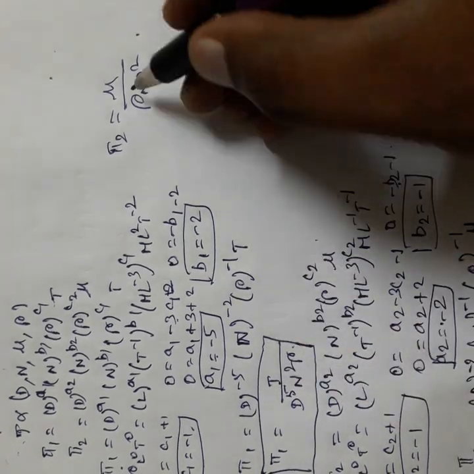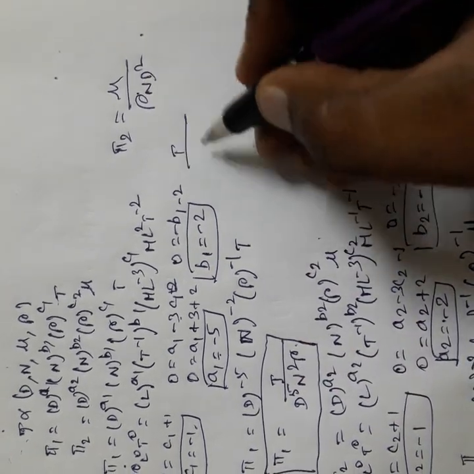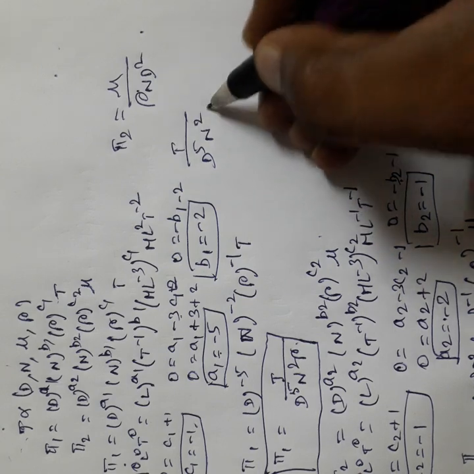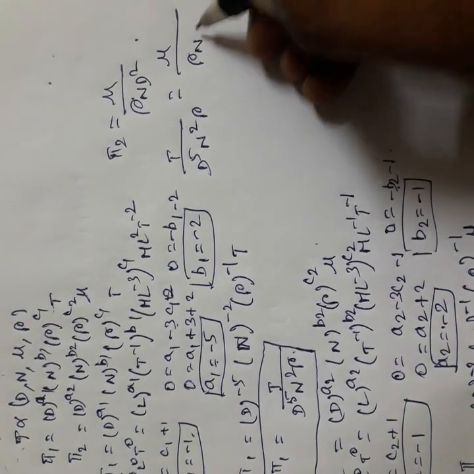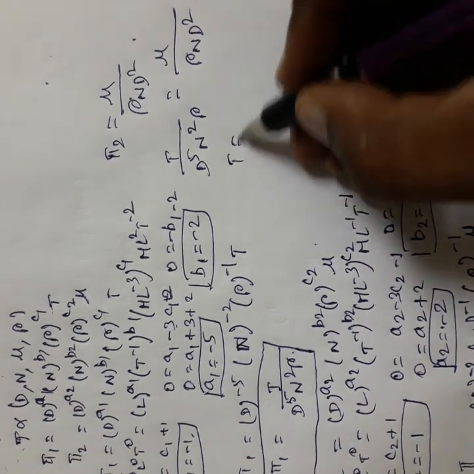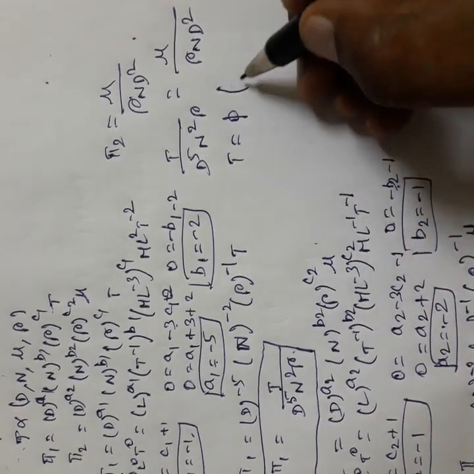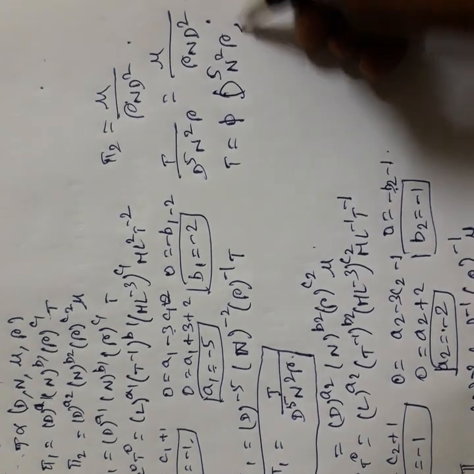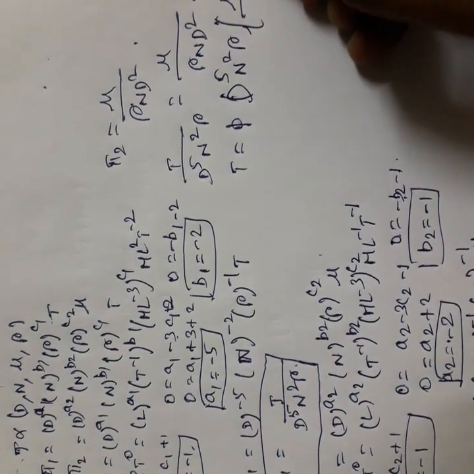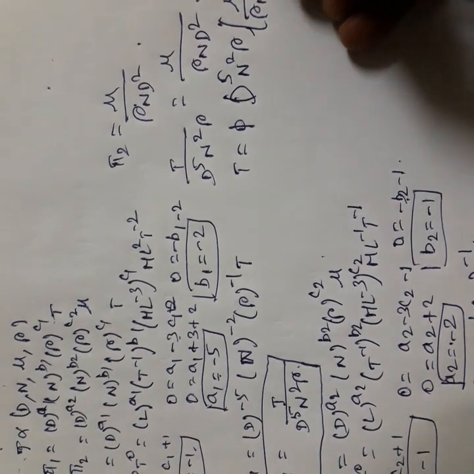Now I got the values of pi 1 and pi 2. So T by d^5 n^2 rho is a function of mu by rho n d^2. So T is a function of d^5 n^2 rho, comma, mu by rho n d^2. Thank you.